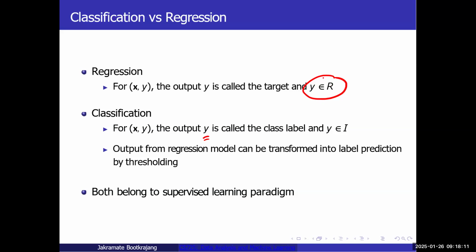And this real value can be transformed into a decision. You can say that if Y is less than some threshold, you will predict class 1, and if not, then you will predict class 2. You can also use regression as a classification task.